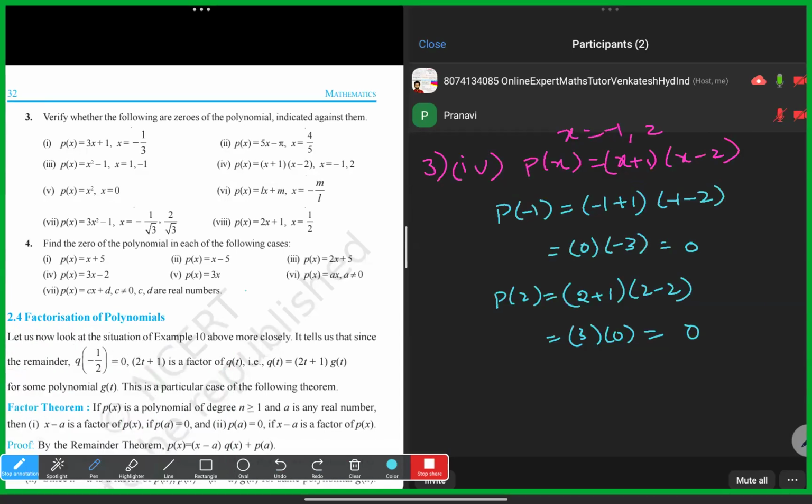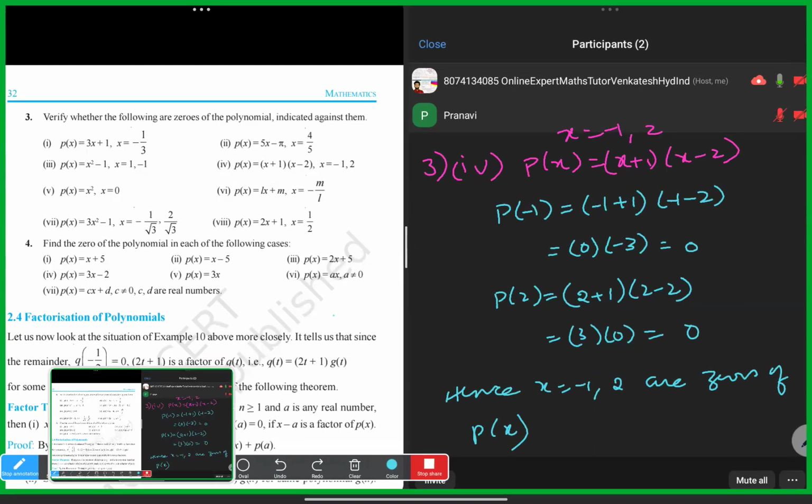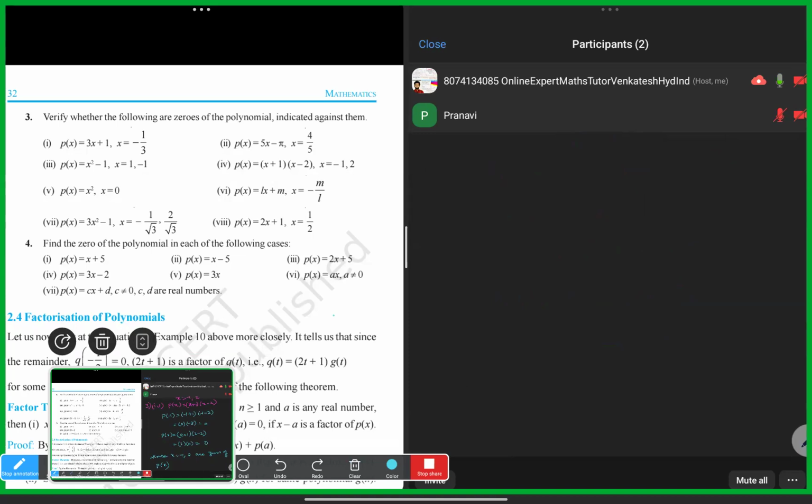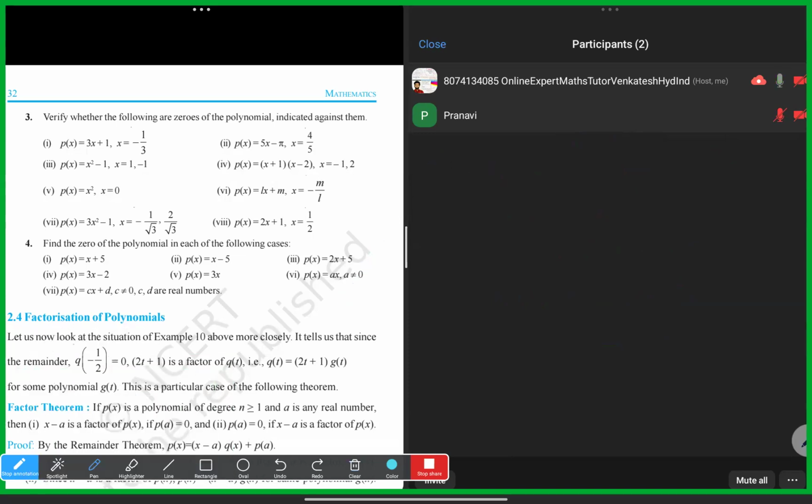Okay, we'll write the complete statement. Since we got p of minus 1 and p of 2 as zeros, hence x is equal to minus 1 comma 2 are zeros of p of x. Third question, fifth bit.